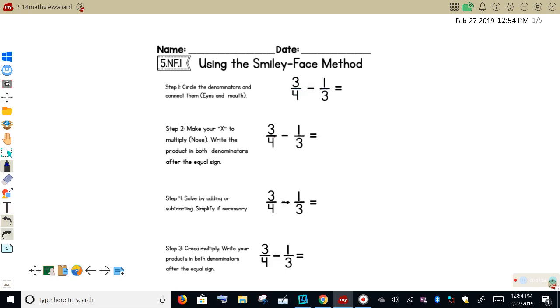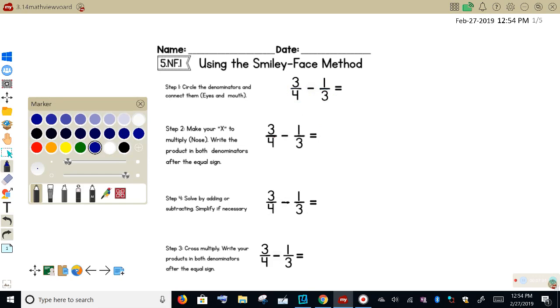What does step 1 say to do? Circle the denominators and connect them like a smiley face. So let me make this a little bit finer.